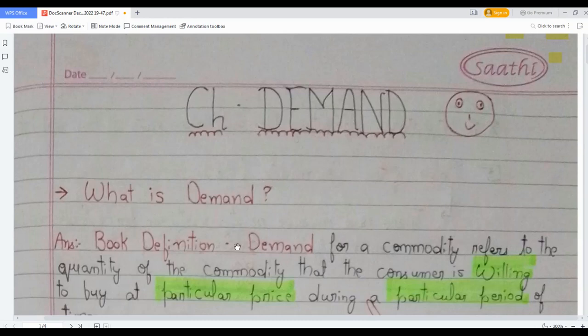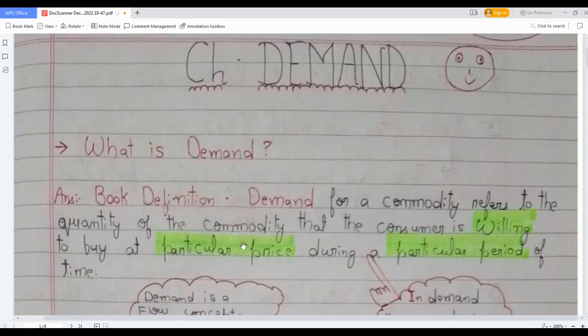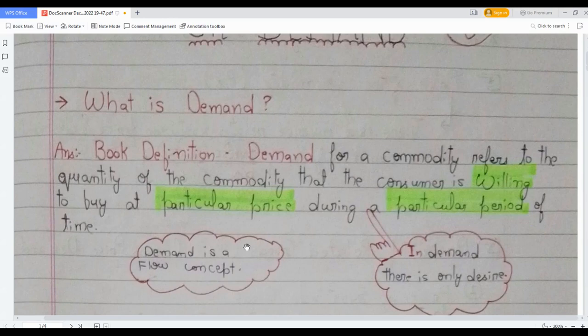Demand is defined as the quantity of a commodity that a consumer is willing to buy at a particular price during a given period of time. Now, in demand, we generally do not consider the ability of the consumer to buy. We only think about the willingness of the consumer to demand.